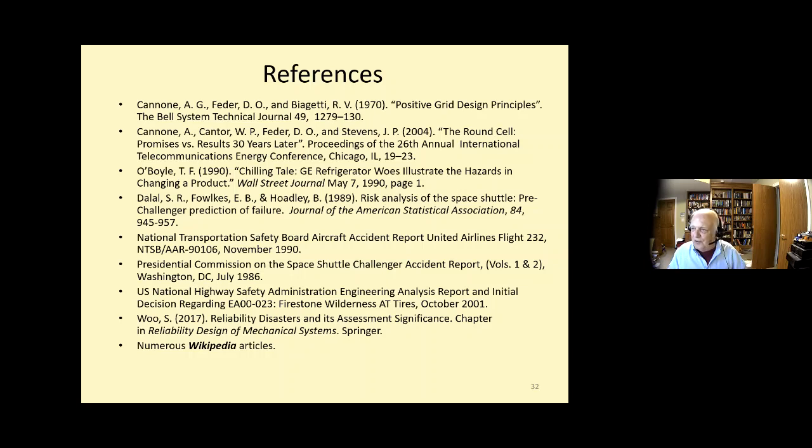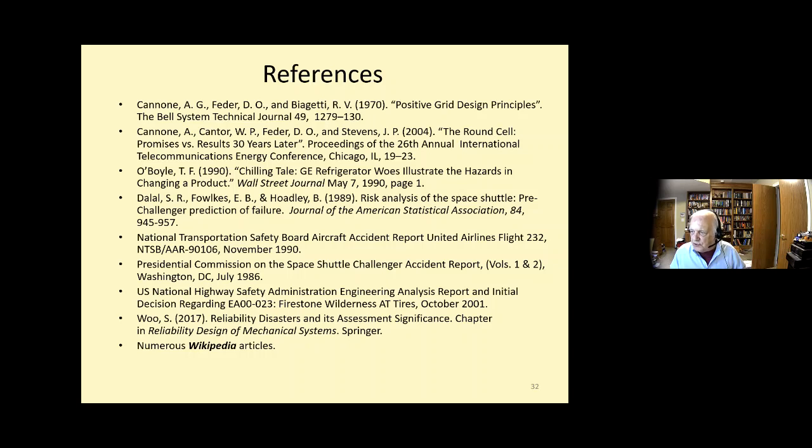In the first 5 years or so, they were still trying to figure out exactly what happened and how to prevent it, so I was peripherally involved in that. And then the Wall Street Journal article. And then the JASA paper by Sid Dalal and others that did a very careful risk analysis that showed that the risk was much, much higher than even the engineers had feared. And then there's the NTSB report for the United Airlines accident. All these things are available on the internet.